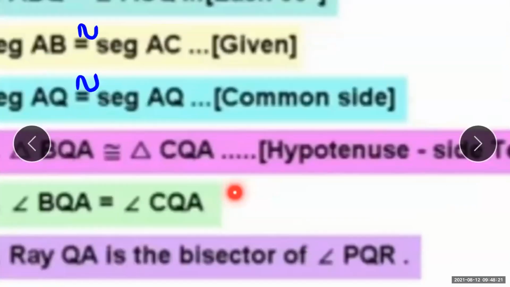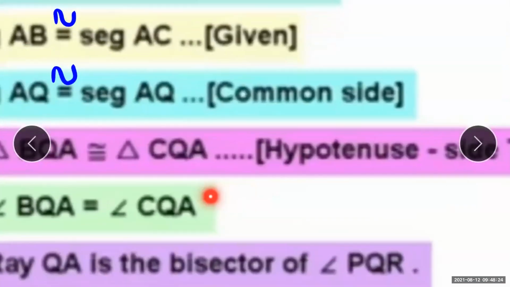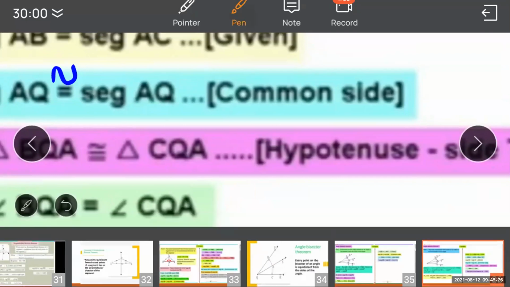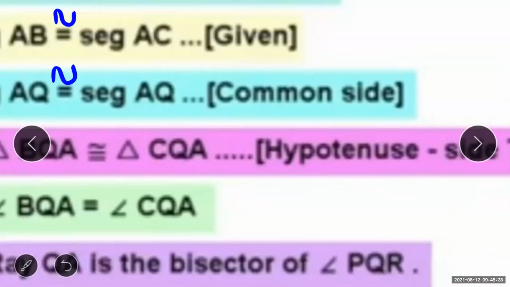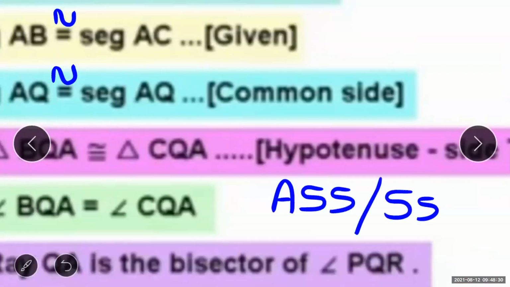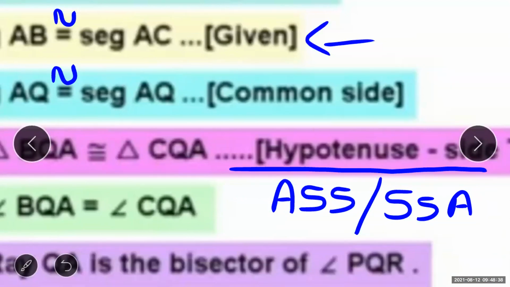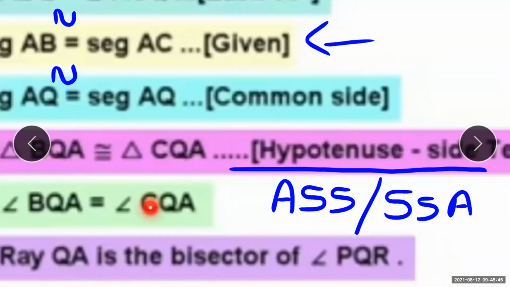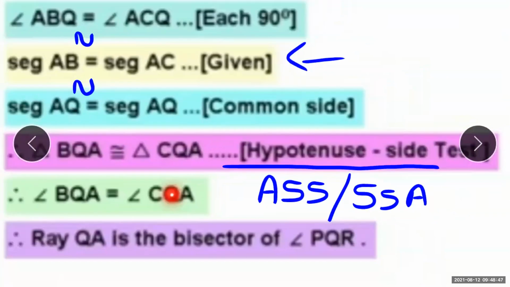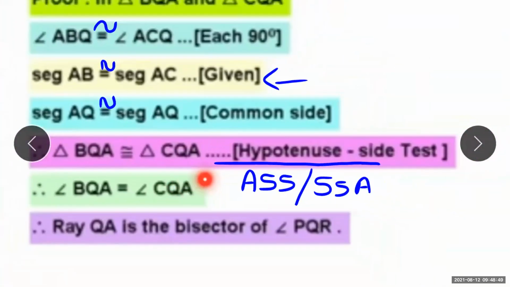The elements you chose here are ASS; you can also write SSA. Here you can also write the hypotenuse side test. So there is no need to write any one of them. So by the hypotenuse side test, or by this test of congruency, the given triangles are congruent.